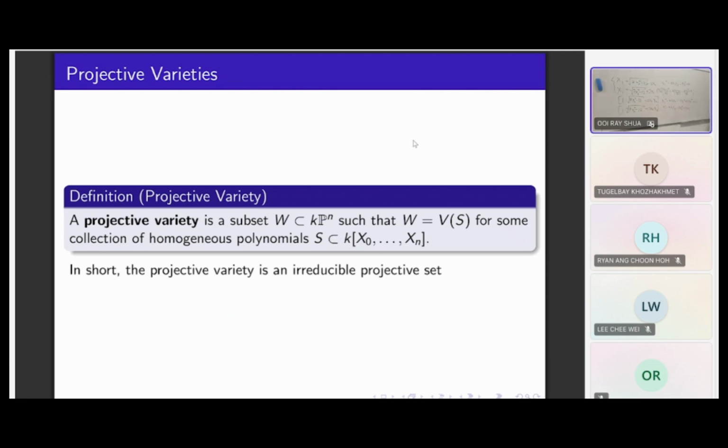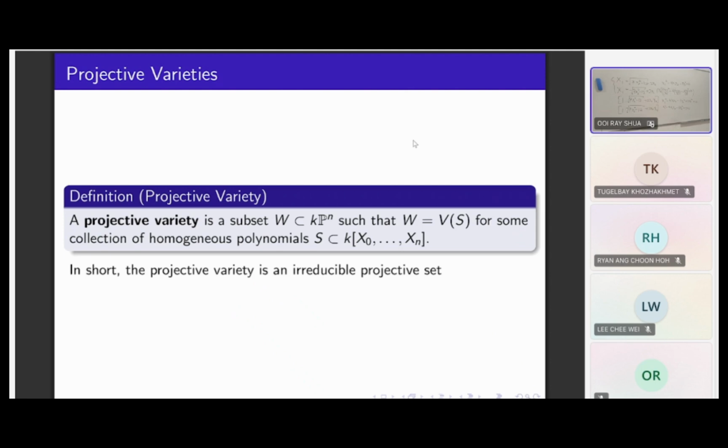So another definition again. The projective variety is almost the same thing as the projective algebraic set. But in this case, you take a subset and then you find irreducible homogeneous polynomials for these zeros.